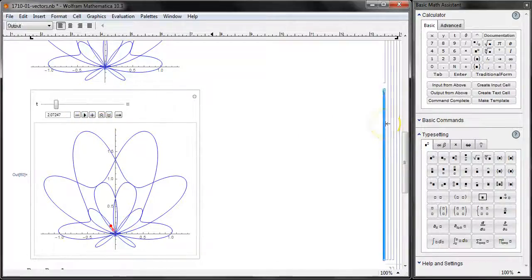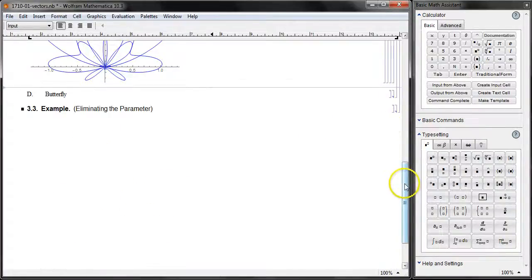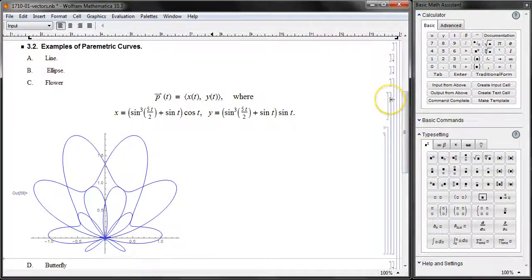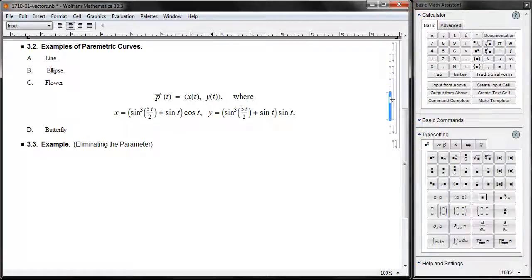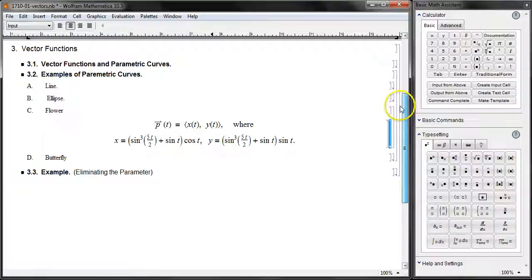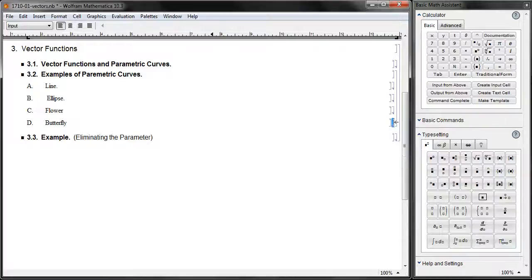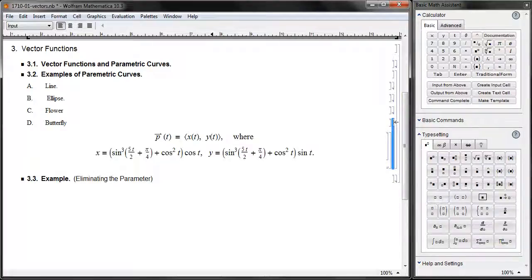And that's how a vector function generates a so-called parametric curve. T is called the parameter in geometry, and x and y are, of course, the x-coordinate and y-coordinate. So vector function and parametric curve mean the same thing, actually.